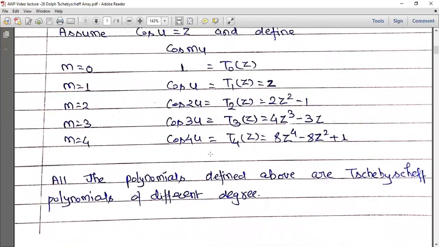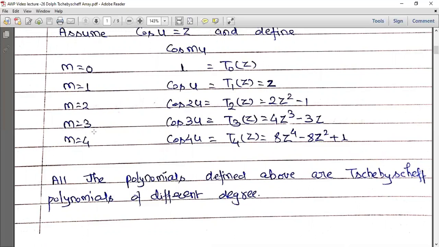For m equals 0, cos mu is 1, so that remains 1. For m equals 1, you have cos u, and in place of cos u, you replace it by z. Then for m equals 2, you have cos 2u, which is 2 cos square u minus 1. So we replace cos u by z, and what you have is 2z square minus 1.